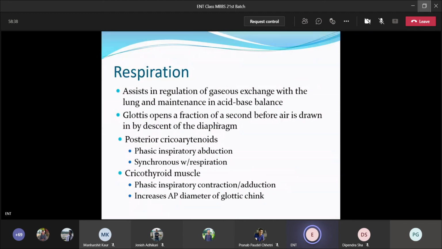The posterior cricoarytenoids show phasic inspiratory abduction, synchronous with respiration, and the cricothyroid muscles show phasic inspiratory contraction, increasing the anterior posterior diameter of the glottic chink. So this is the physiology of respiration.